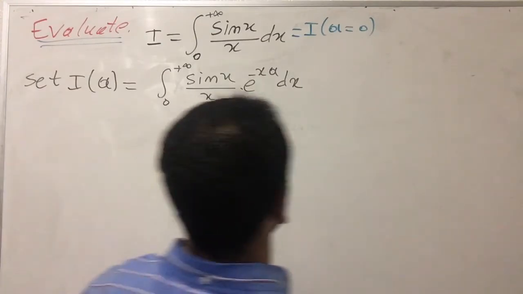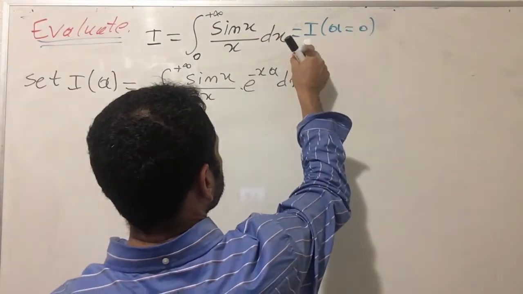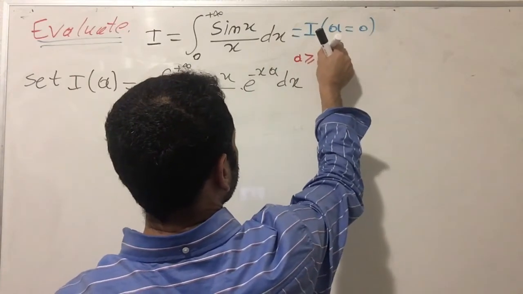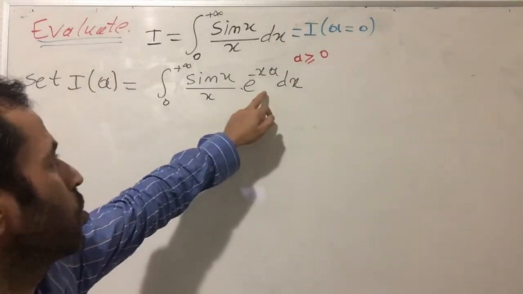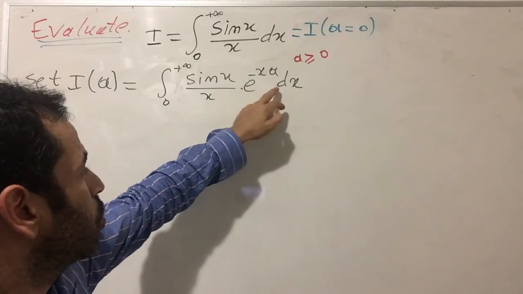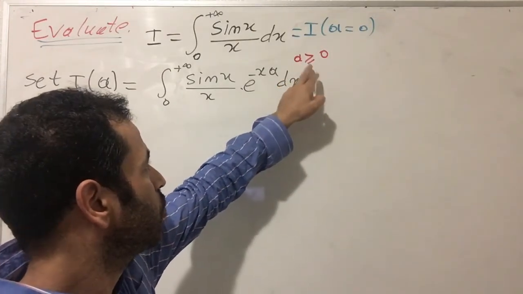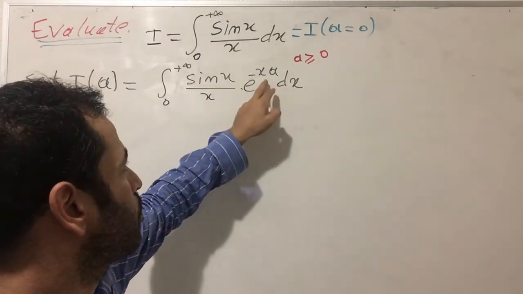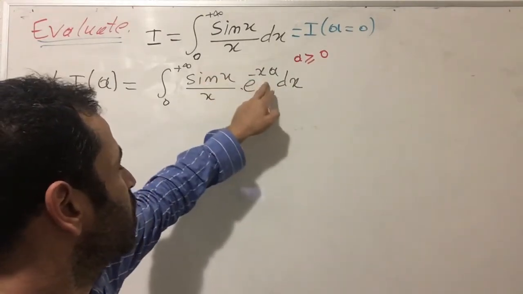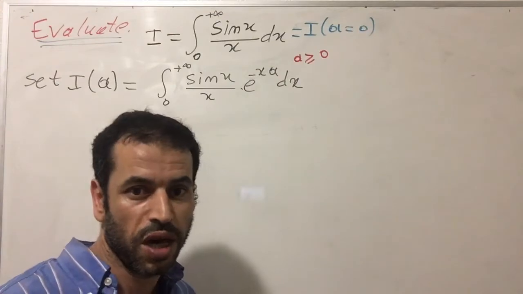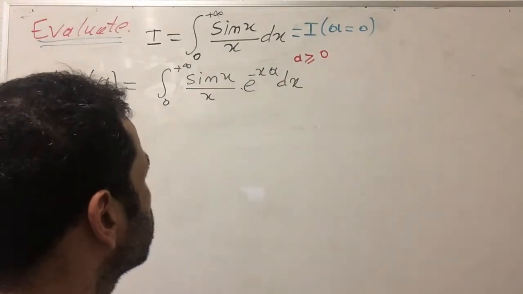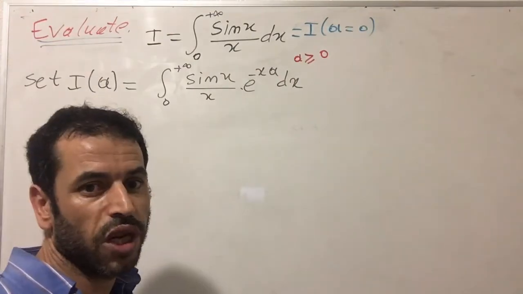We need the condition a greater than or equal to 0. Because if a is negative, the negative sign becomes positive, and when you plug plus infinity into x it takes you to infinity, so this function will be divergent, which is not going to work here.